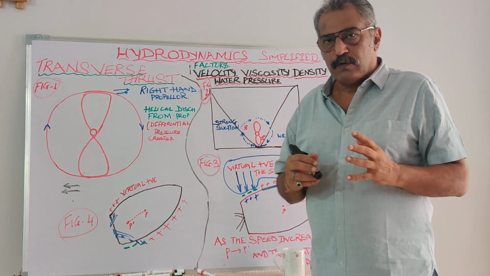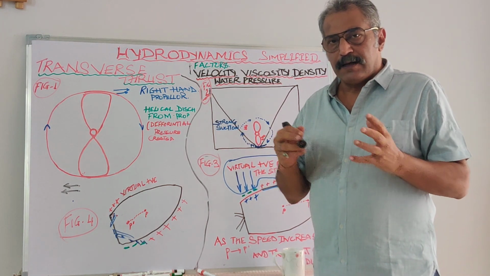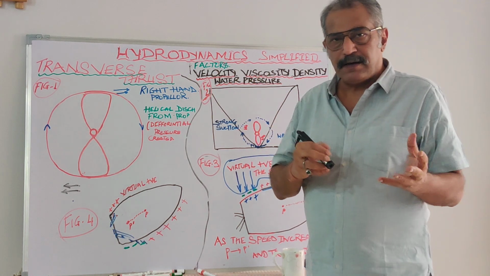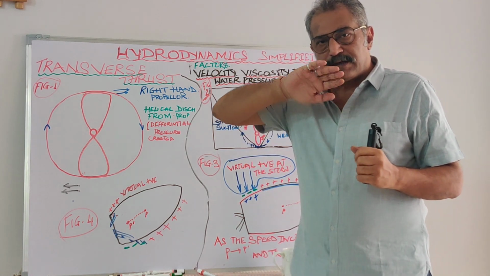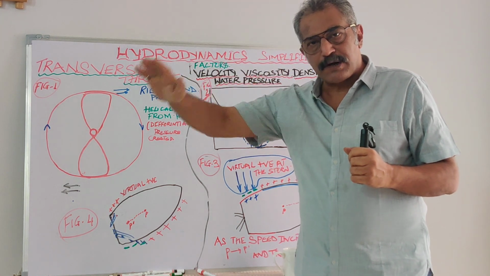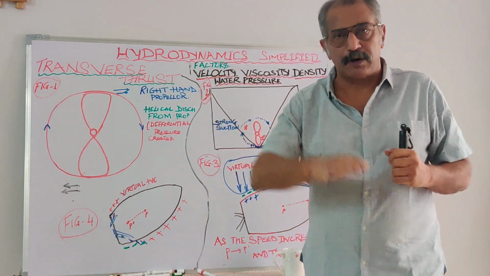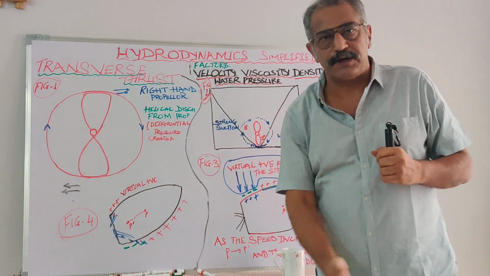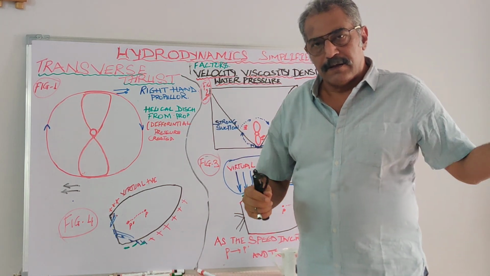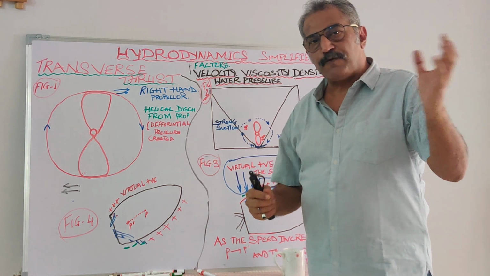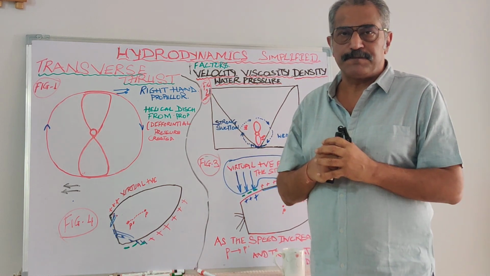So if I say the propeller is an impeller turning on the right side, a right-hand screw, it has high pressure on top and low pressure at the bottom, because of which waves are created, and an equivalent amount of centripetal force is there to equalize this.